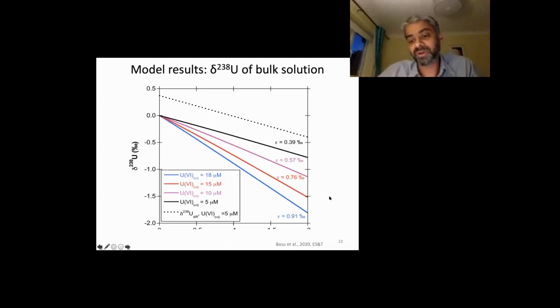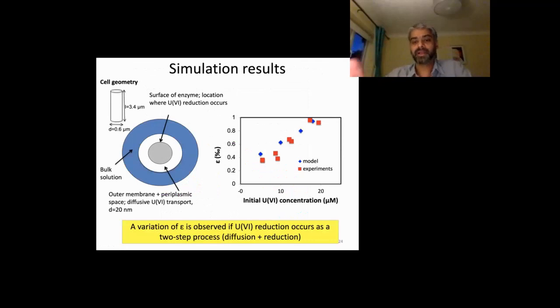The values of fractionation factors are very close to what we have observed. So simulations are reproducing the observations really, really well. If you look at the results of our model, these are the blue dots, and the experiments are the reds, a really nice match.